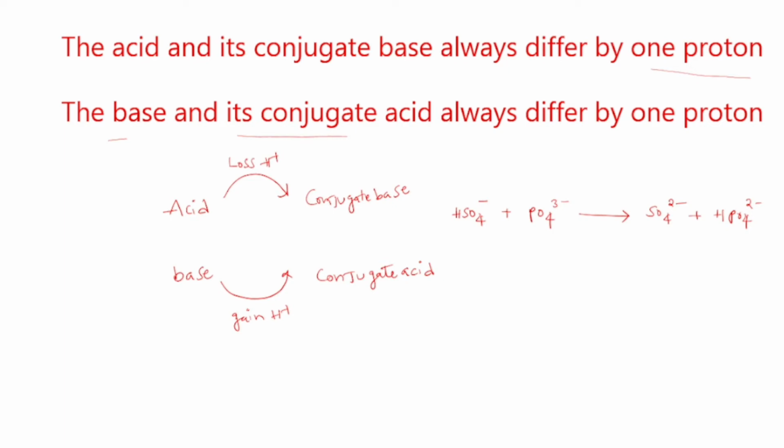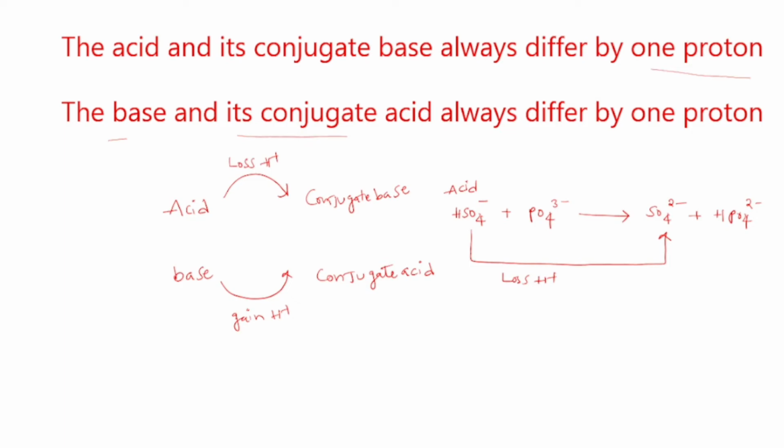If you see here, HSO4 minus becomes SO4 2 minus, which means it loses one proton, a loss of H plus. So this one acts as an acid, giving a proton.